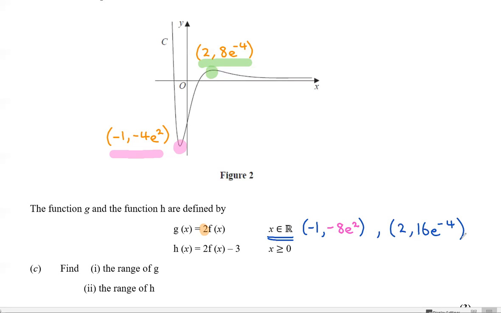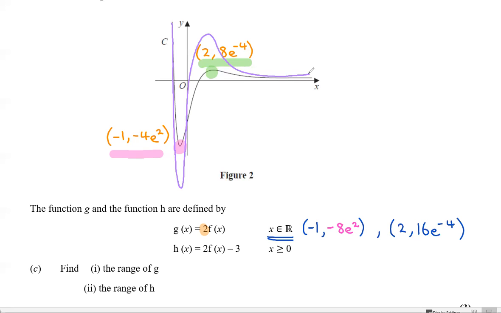So if we're allowing any x value, we have to consider what doubling the y coordinates actually does. Well, for the range of g, what essentially is happening is this. If I just overlay on the sketch, this part is just going to go down, this is going to go up, and it's going to do something like that.